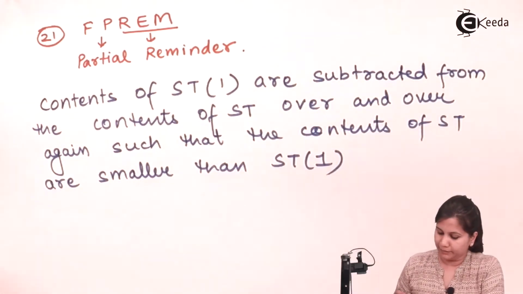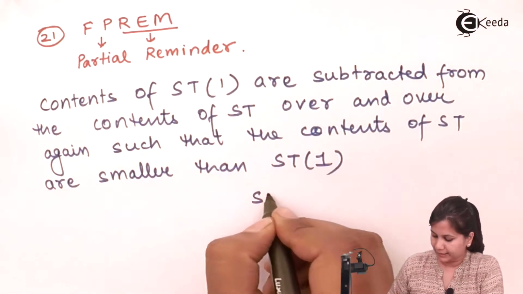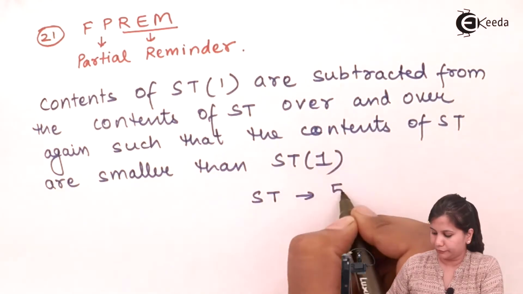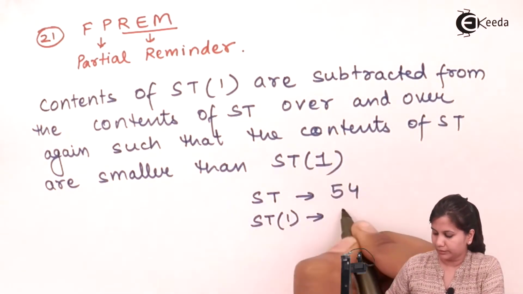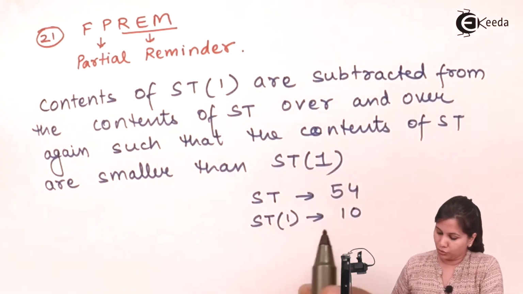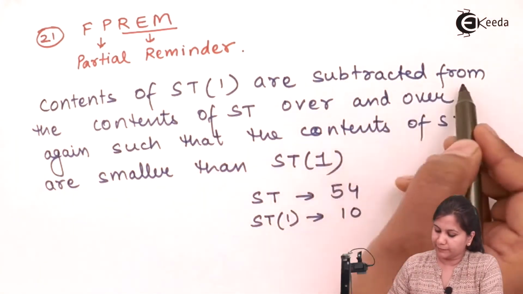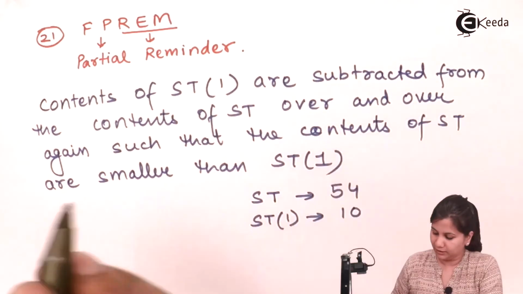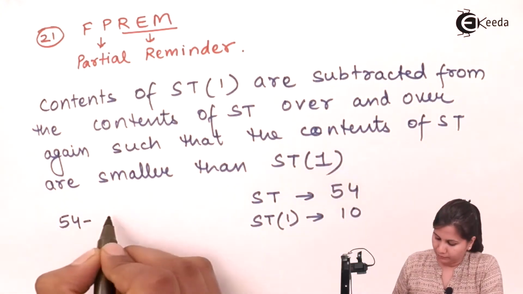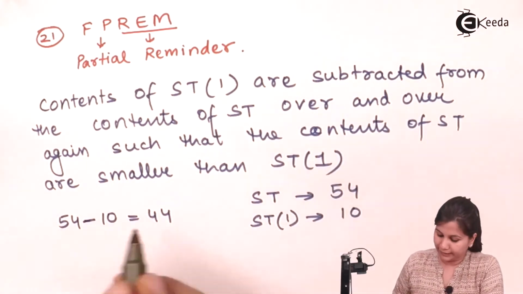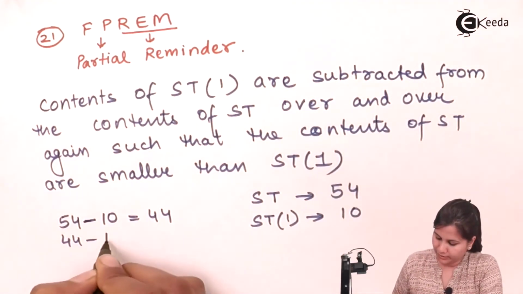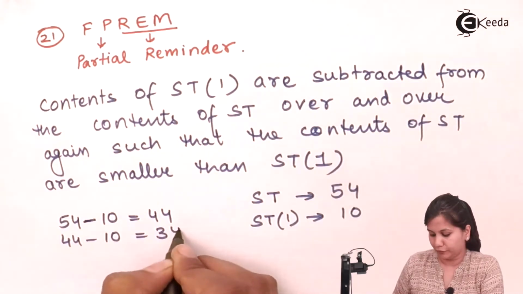Let's take an example. Suppose at ST we have the number 54. At ST1 we have the number 10. So the contents of ST1 are subtracted from the contents of ST, that is 54 minus 10. We get 44. Again 10 is subtracted from this, we get 34.